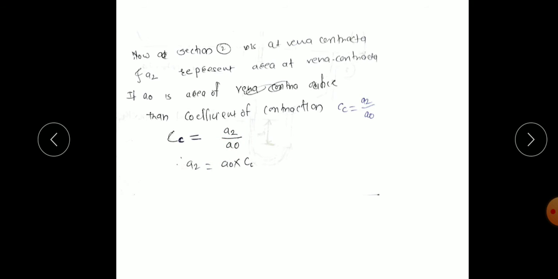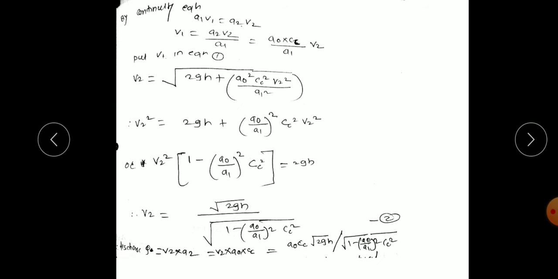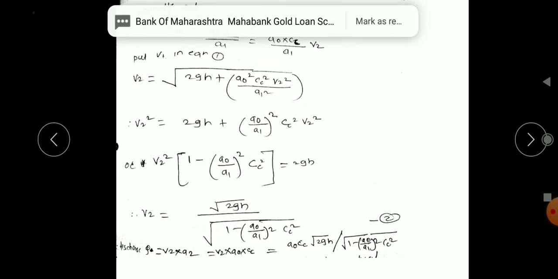So we can replace A2 with the area of the orifice, which we can measure from the orifice diameter, into the coefficient of contraction Cc. Again using the continuity equation, we know A1 V1 is equal to A2 V2.